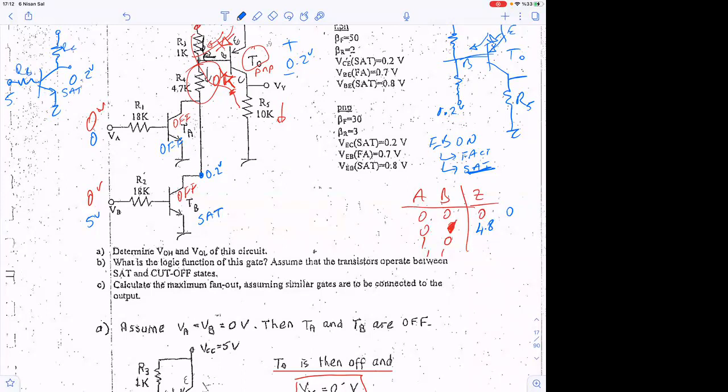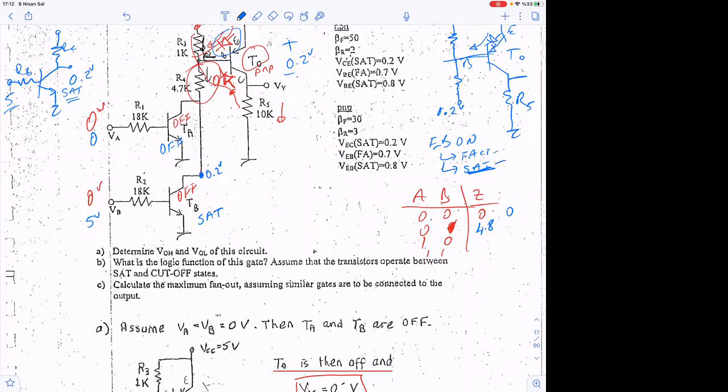So maybe we need to verify this, okay? But if it is forward active, maybe this will not be 0.2, but maybe 2 volt or 1.5 volt. But we don't like that. When we apply high here, we like this to be low. Therefore, if this junction is on, we have two options, either forward active or SAT.